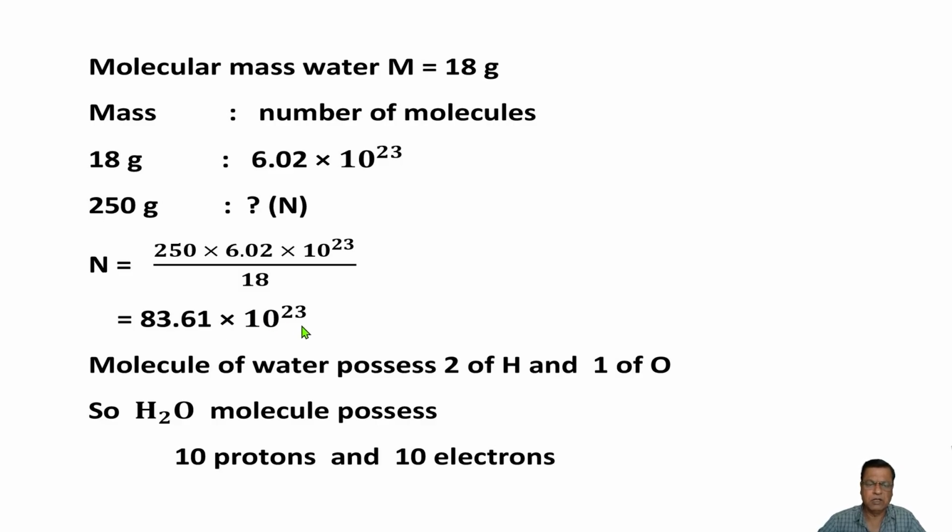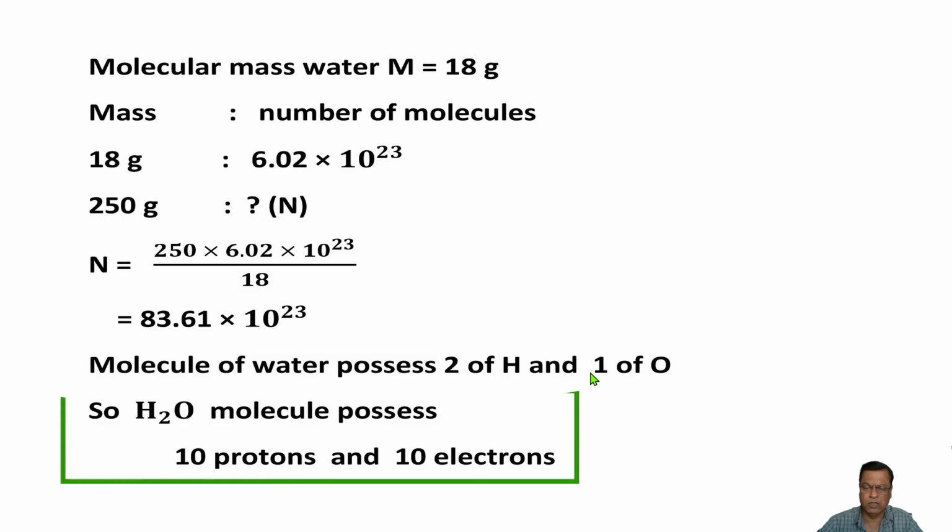Now you know, everybody, that a molecule of water has 2 hydrogen atoms and 1 oxygen atom. The atomic number of oxygen is 8, so there are 8 protons and 8 electrons. And the atomic number of hydrogen is 1, but there are 2 atoms, so 2 protons, 2 electrons. So an H2O molecule has 10 protons, 8 plus 2, and 10 electrons.